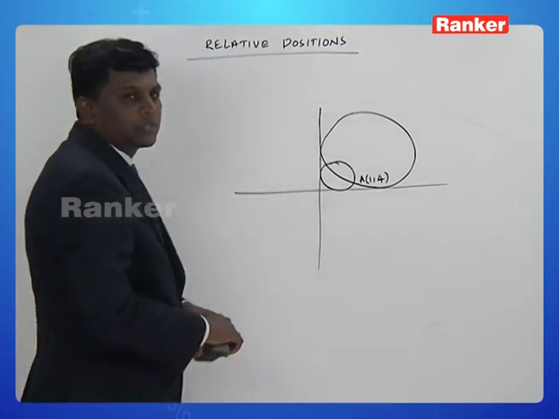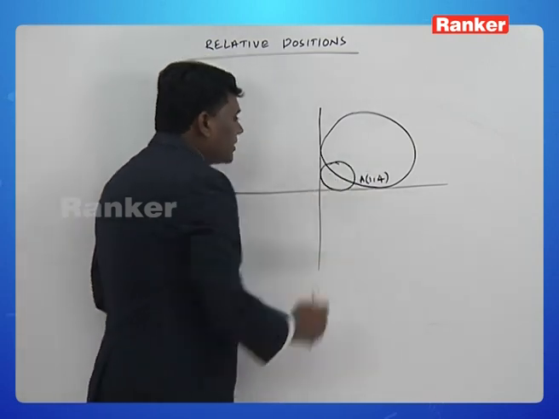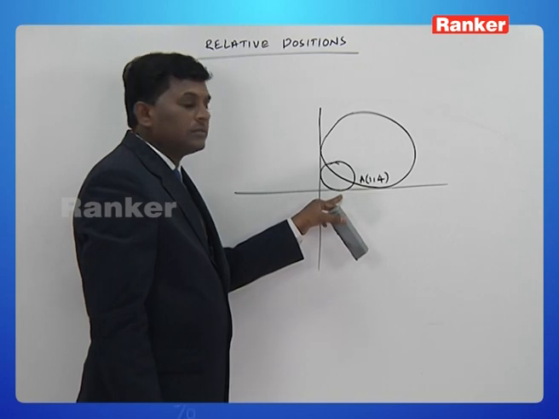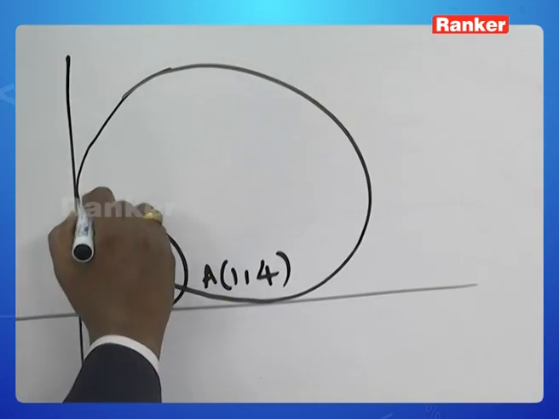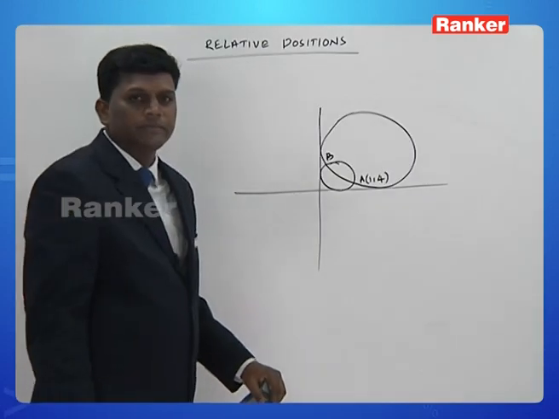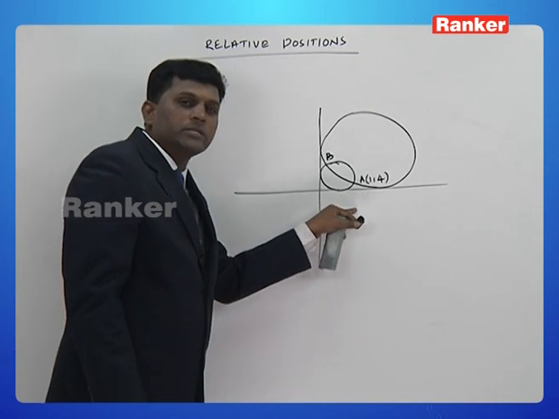If you look at these two circles, both of these circles are intersecting each other at two distinct points, A and B, and also these two circles are touching both the axes in the first quadrant.